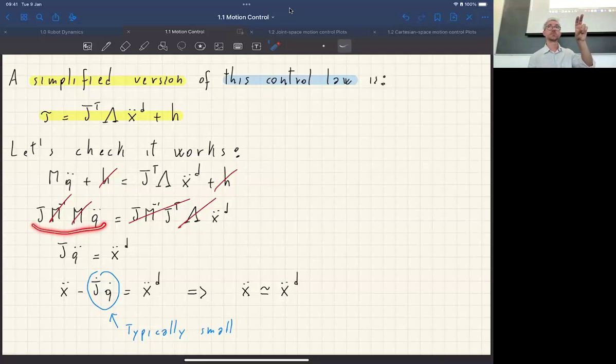M inverse times M gives the identity, so I remove it. On the right-hand side, I get J M inverse J transpose times lambda x double dot desired. Now I should remember that the definition of lambda is exactly the inverse of this matrix. So again, it cancels out. And what I'm left with is J q double dot equal x double dot desired.